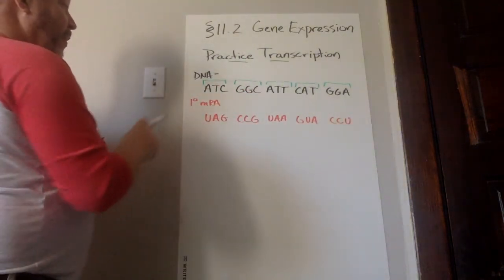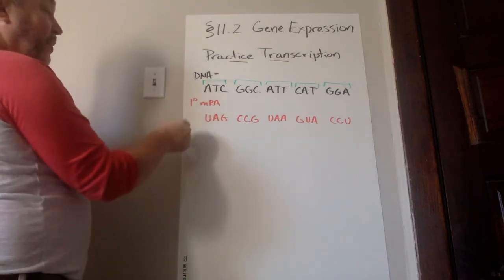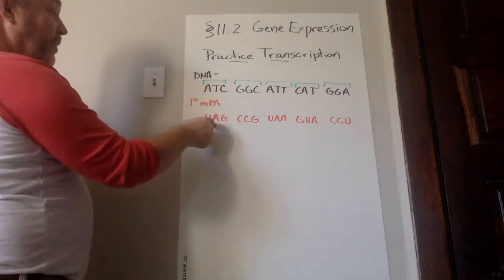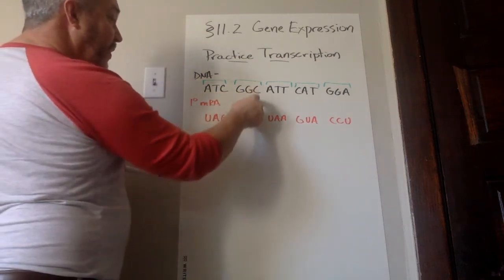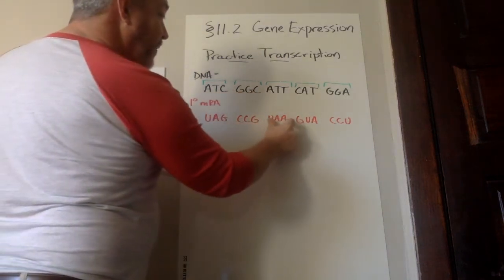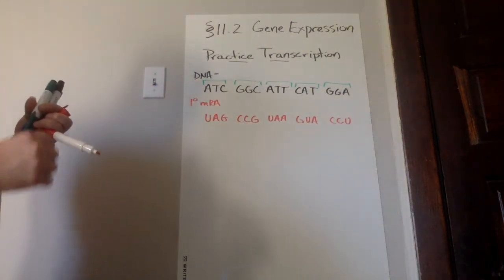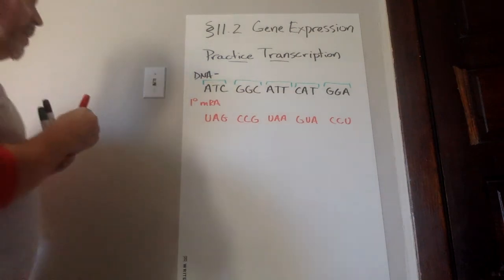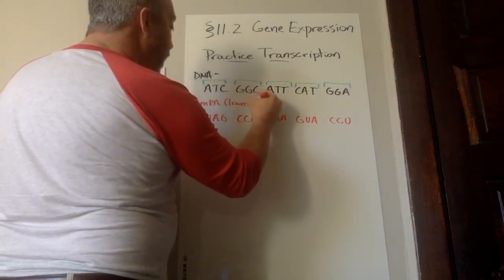So the primary mRNA, the transcribed mRNA from this DNA sequence, A goes to U, T goes to A, C goes to G, G to C, G to C, C to G. We still have 15 nucleotides, but now we have RNA nucleotides. So this is going to be the transcribed mRNA.